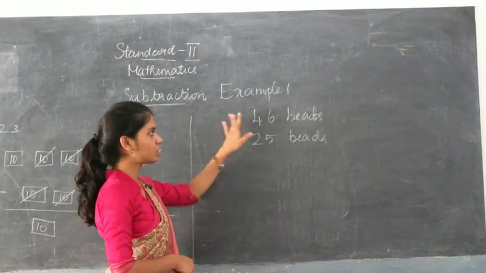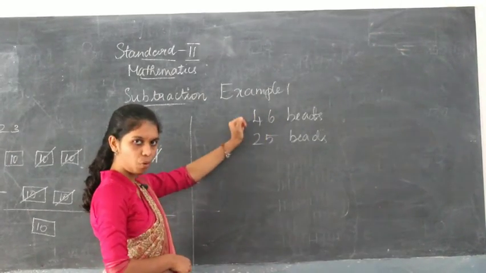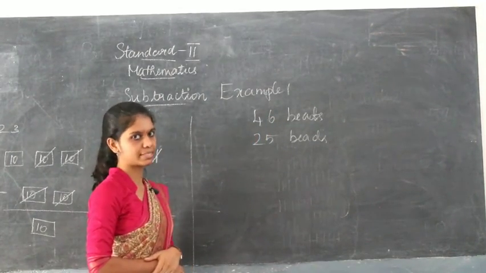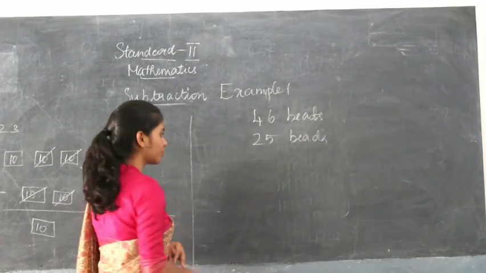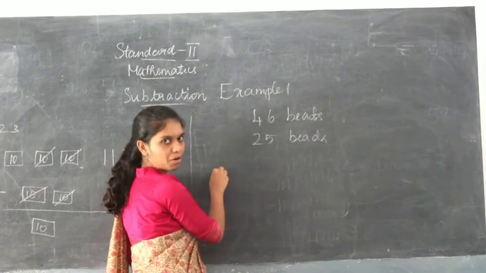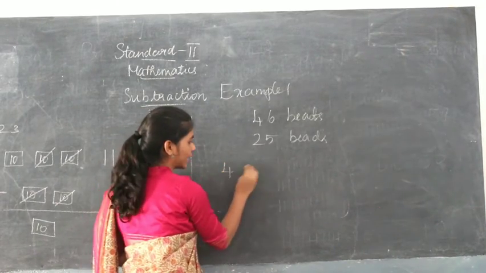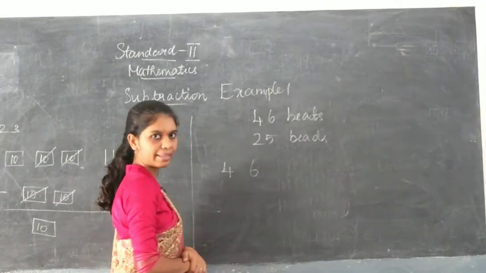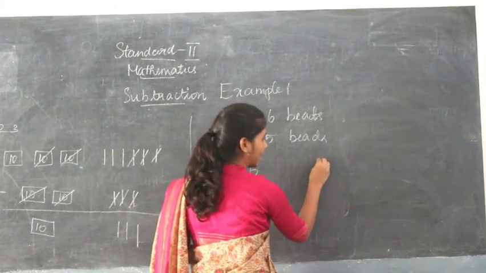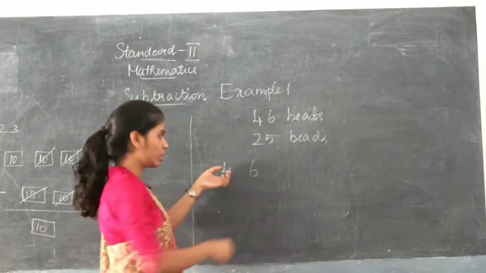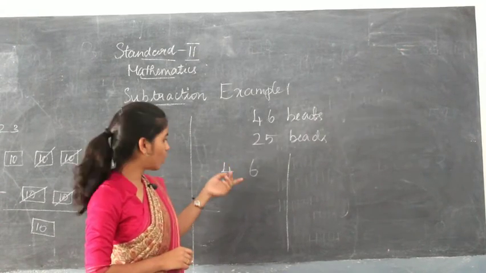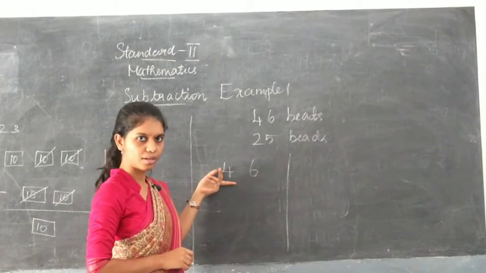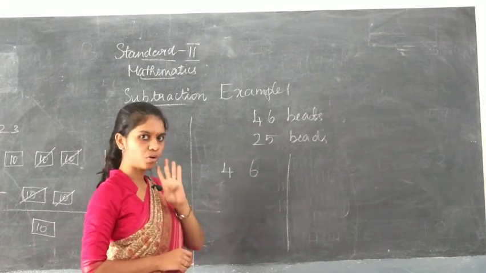Now the first one is 46. So 4 and 6, that is what 46 is called, right? So what you should do is first write the total number of beds, which is 46, and then next to that you will write the number of tens. What is the tens place here? 4, right? So there are 4 tens.